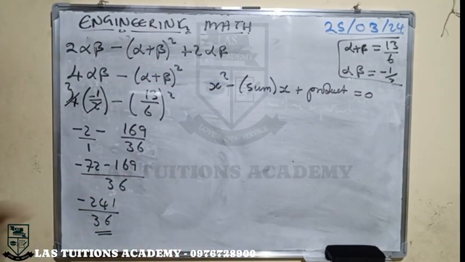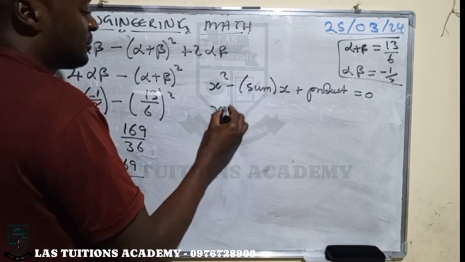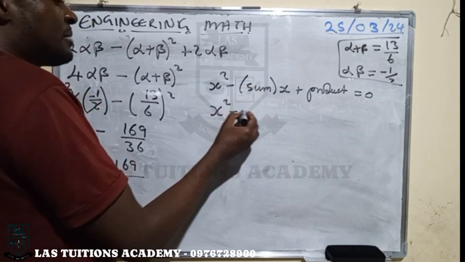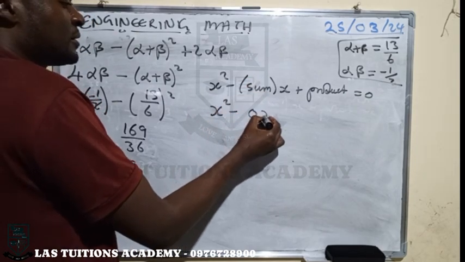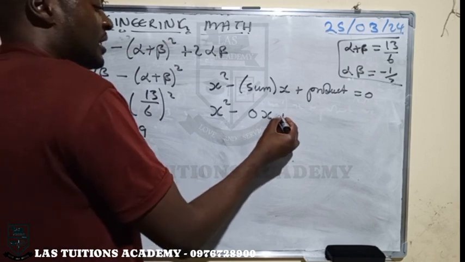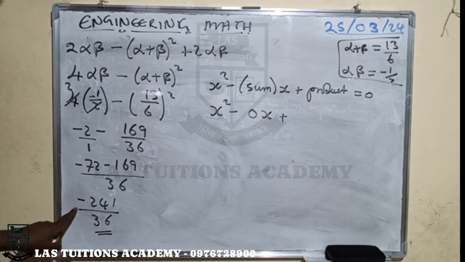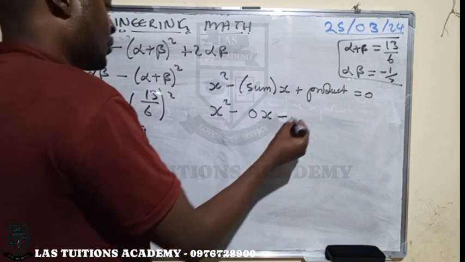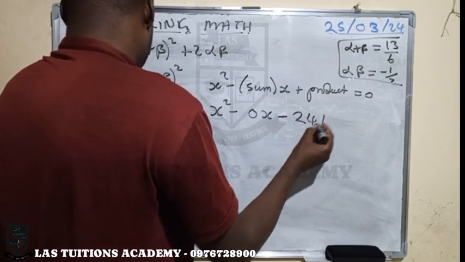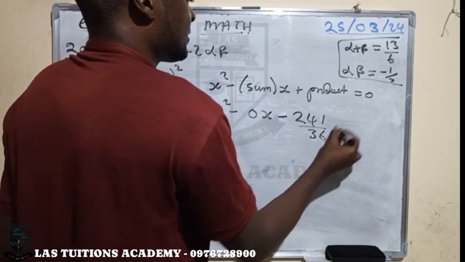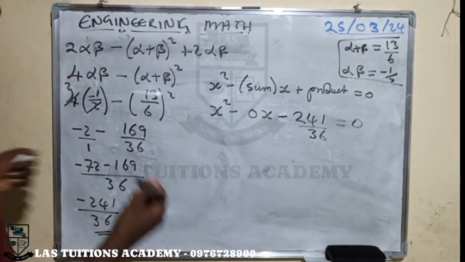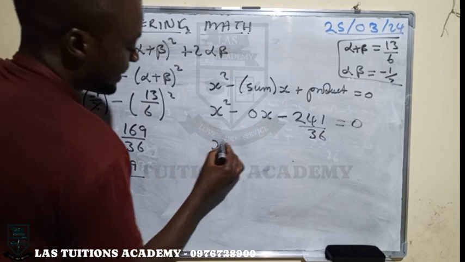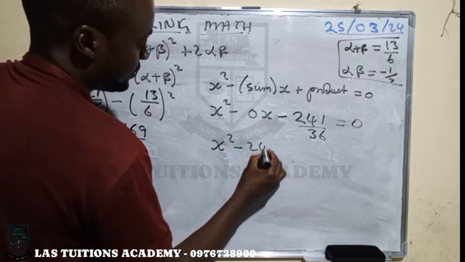So the equation will be x squared minus, remember the sum was 0, 0x plus, now because there's a minus here, this will be minus 241 over 36 is equal to 0, which gives us x squared minus 241 over 36 is equal to 0.